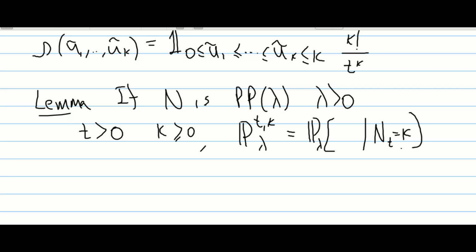So this is an event that has positive probability for every positive t and nonnegative k. So we can define this probability here.